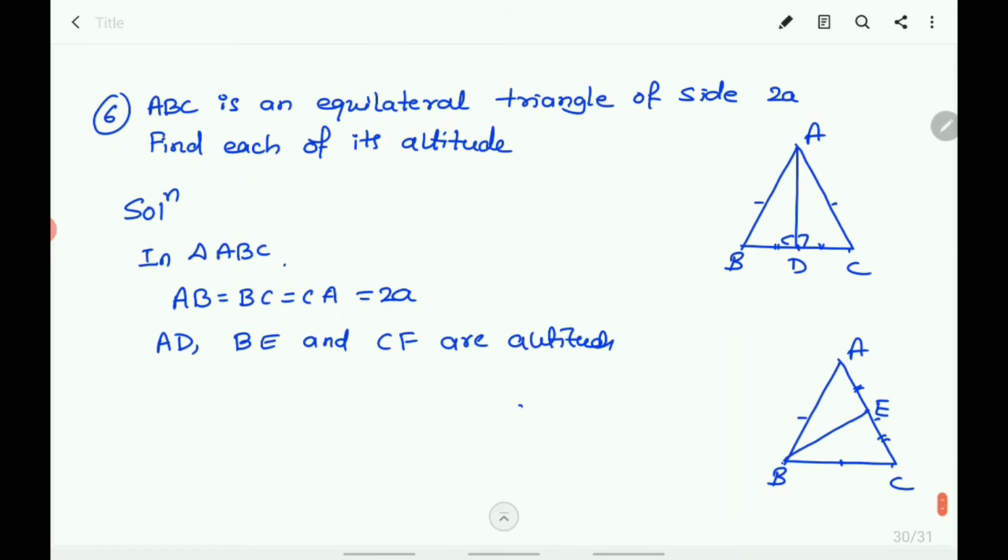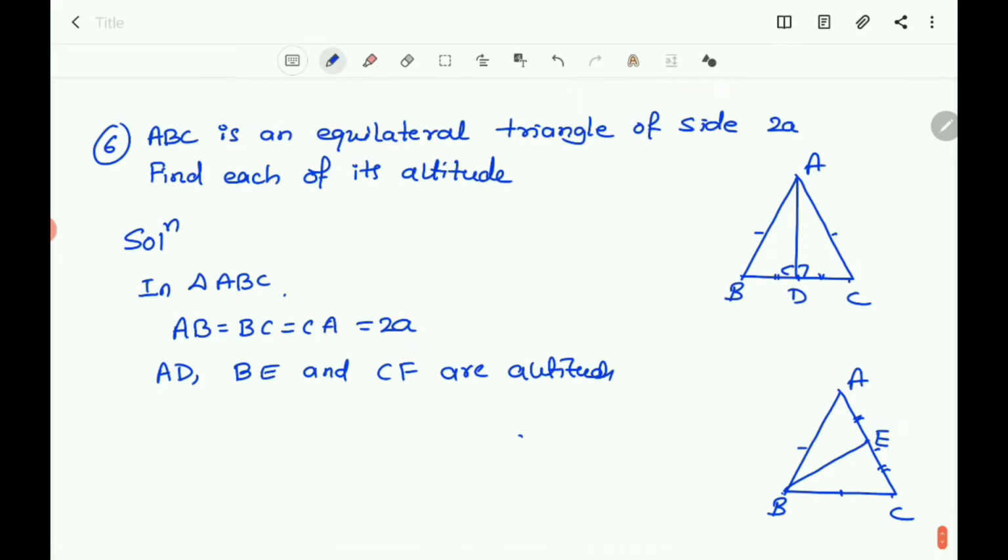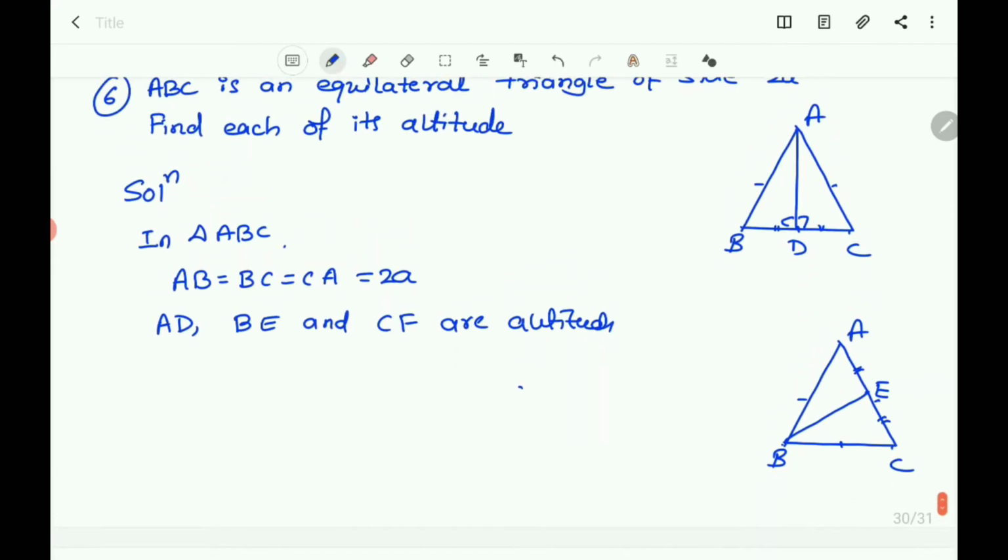Here, as AD is perpendicular to BC, you know that AD must bisect BC and BD must be equal to DC. If you want, you can prove that. In triangle ADB and triangle ADC, both are right angle triangles.